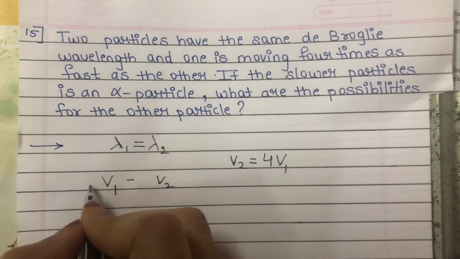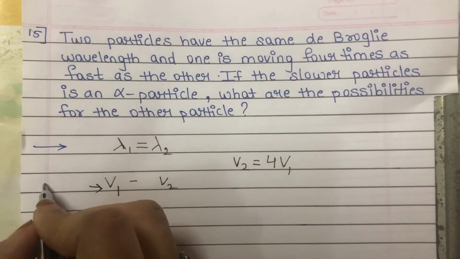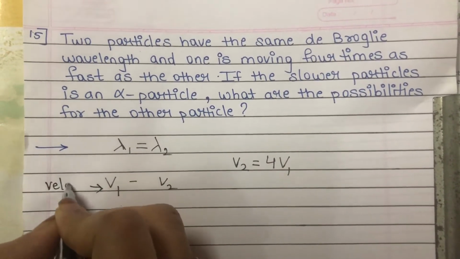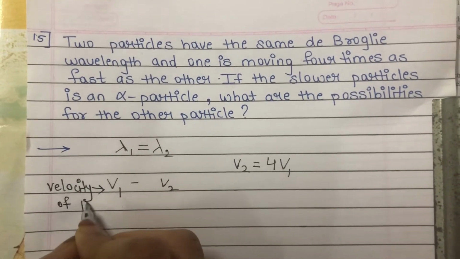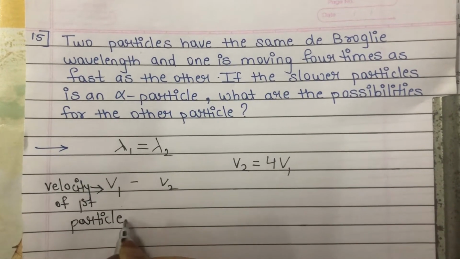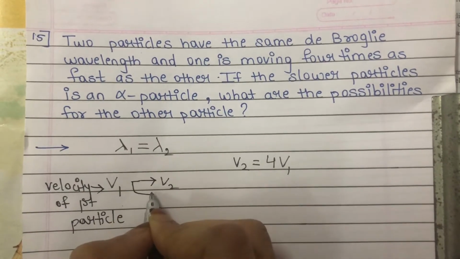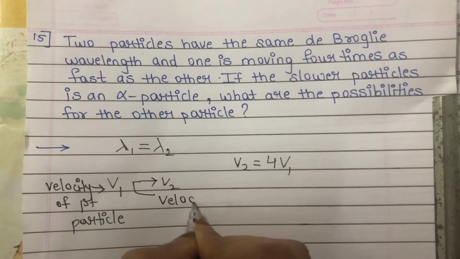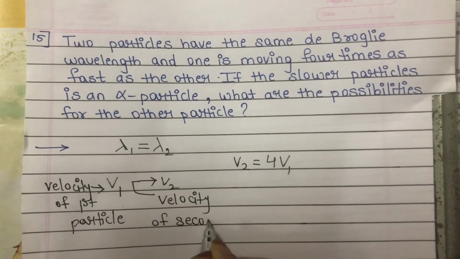Okay, so v1 is the velocity of the first particle, and v2 is the velocity of the second particle.